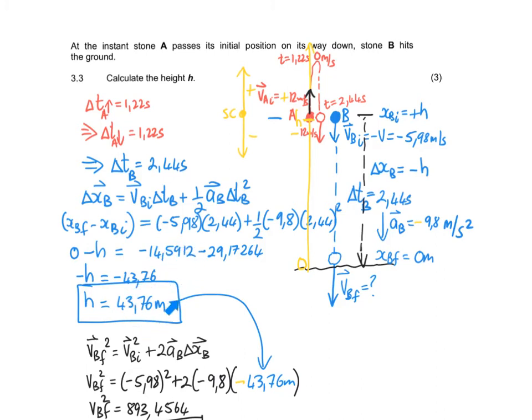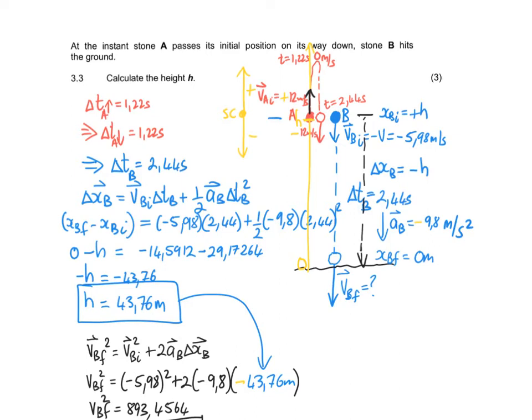We rather do it in the final answer here. And half times minus 9,8 times 2,44 squared gives us minus 29,17264, which together gives us minus 43,76. Multiply by minus 1 on both sides to get rid of the minus sign in front of the h. We get that h is 43,76 meters. So this height is 43,76 meters.